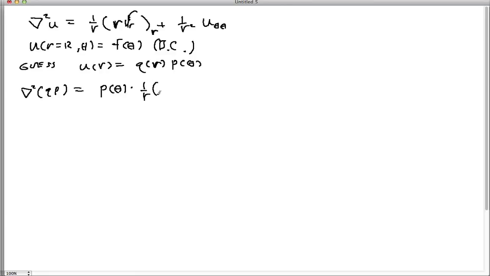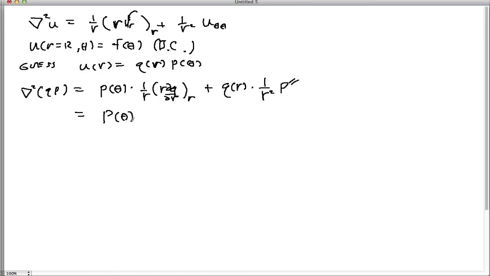We have 1 over r times the partial of Q with respect to r, and we have to take that derivative again with respect to r, with Q on the outside of r, plus 1 over r squared times P double prime. Okay, I'll get my notation straight here in a second.